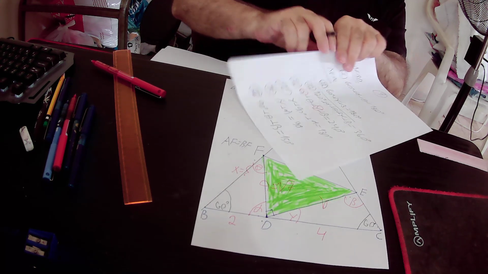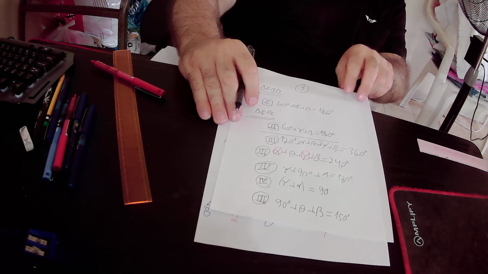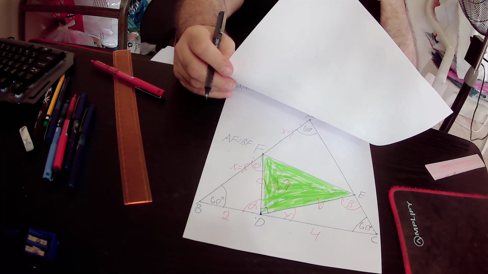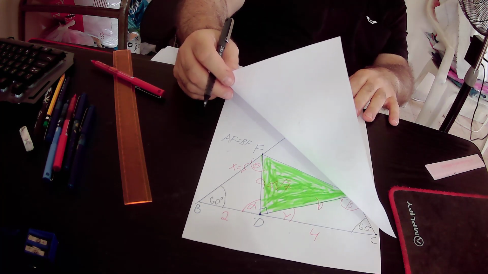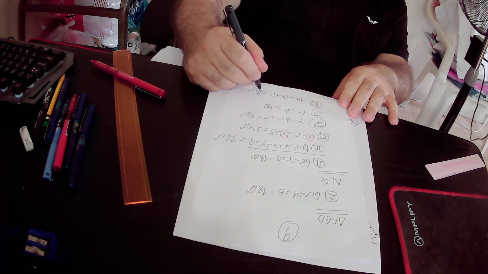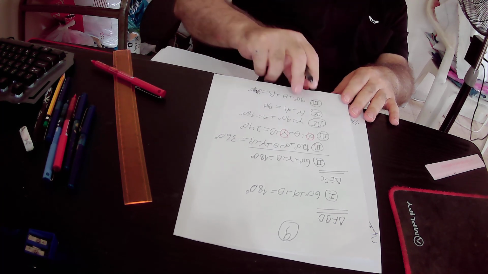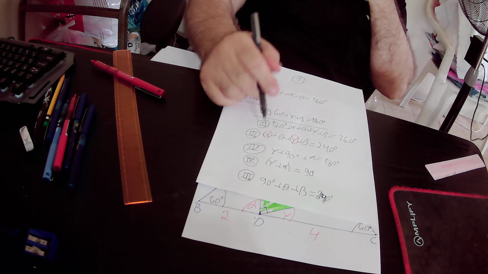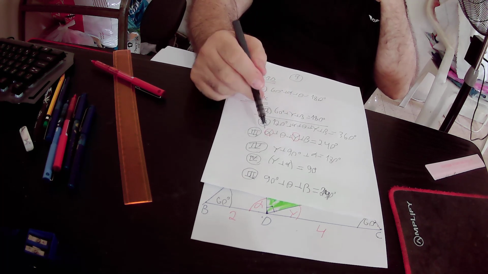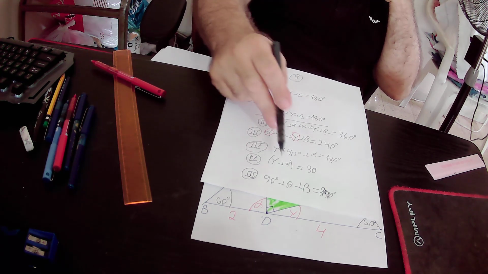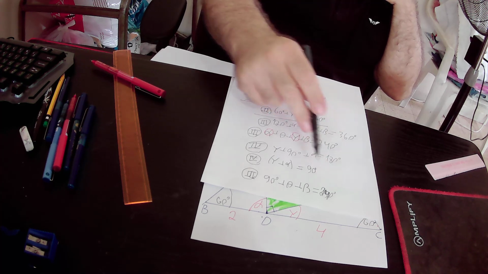So according to equation number 3, after we substituted alpha plus gamma by 90 degrees in equation number 3, we got that 90 degrees plus theta plus beta equals 240 degrees.